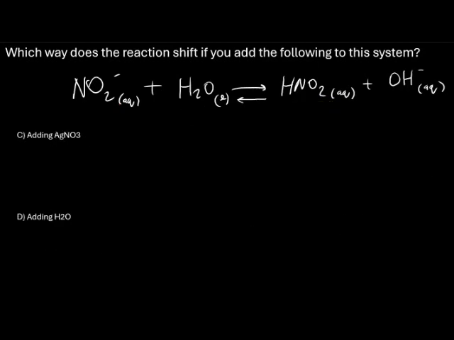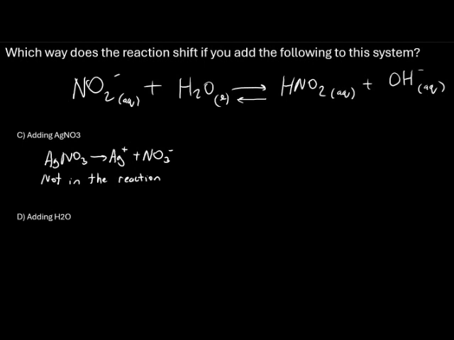Some examples of ways that you can affect acid-base equilibria are not quite as straightforward. At first glance, it would appear that adding AgNO3 would have no effect at all. If we break AgNO3 into pieces, we'll end up with Ag+ and NO3-. Neither of these are in the reaction.